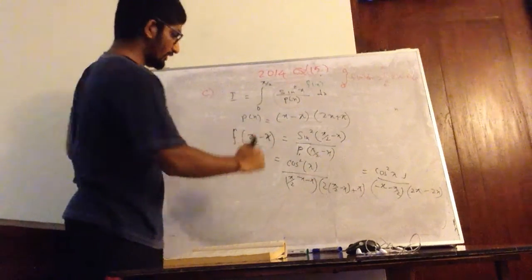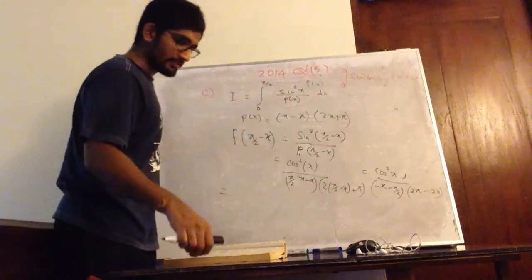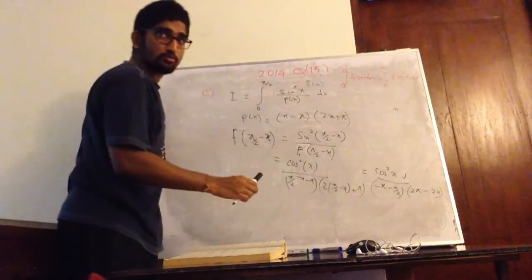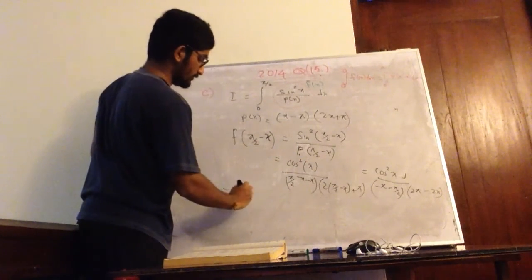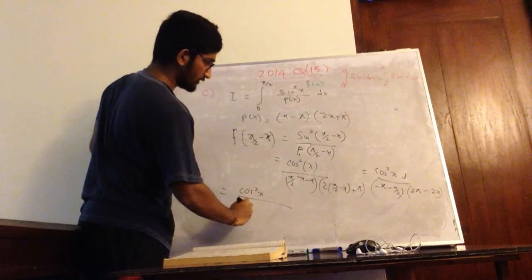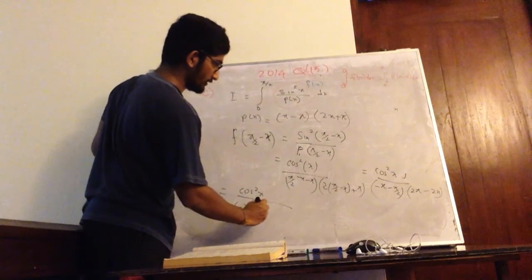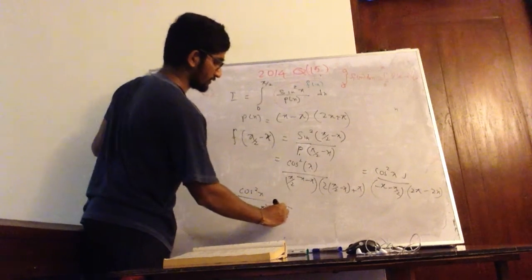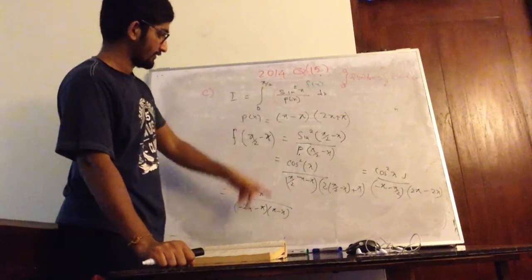Now what do we get? I can take 2 out, and then cos squared x, times pi minus x. Now what was p(x)?